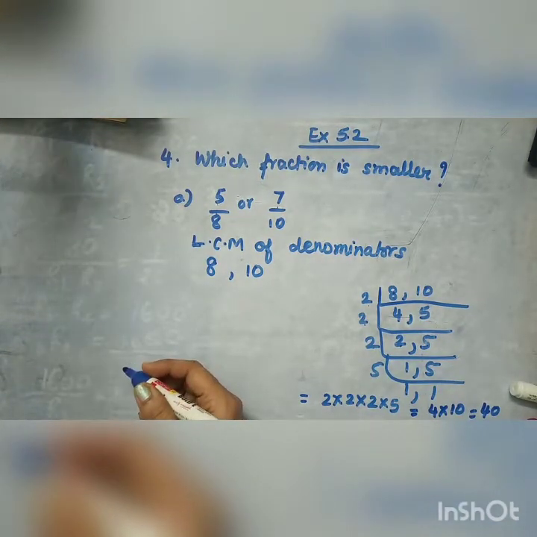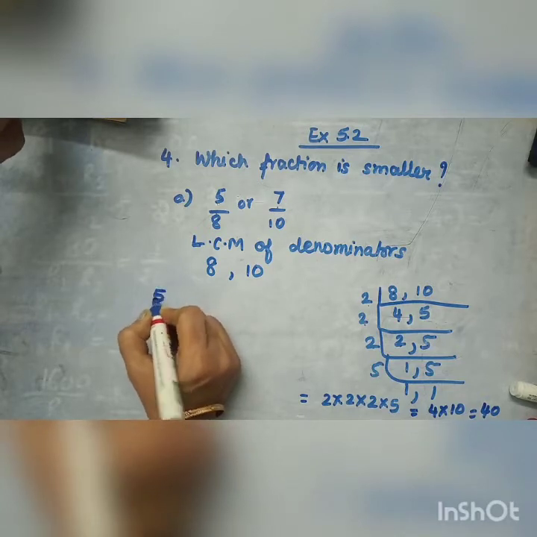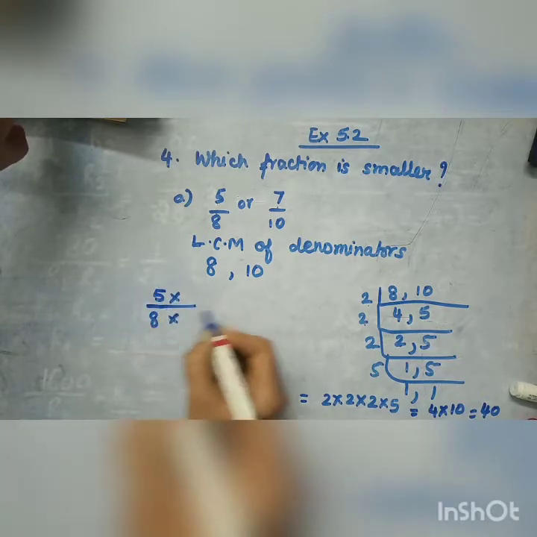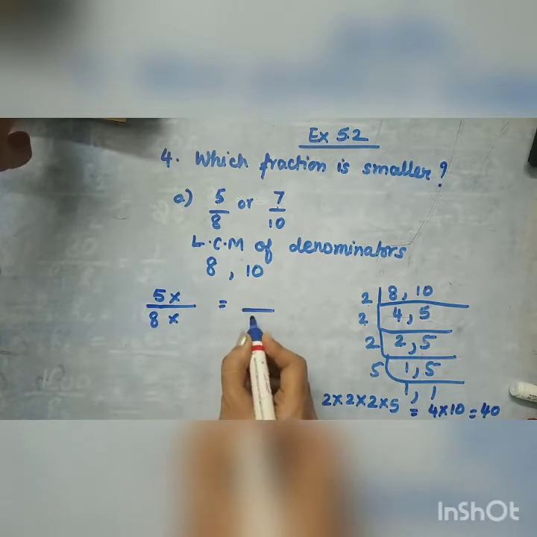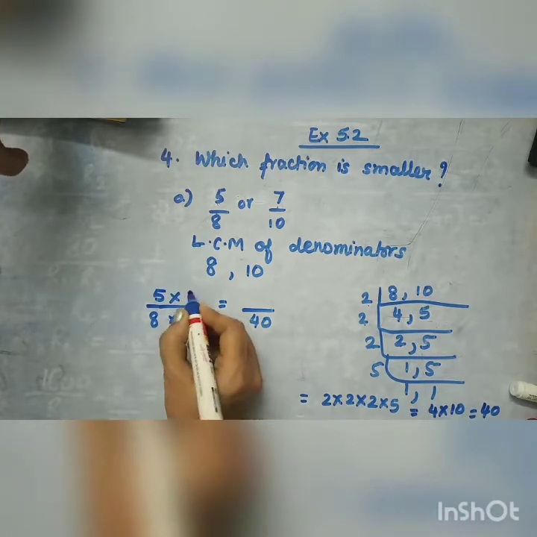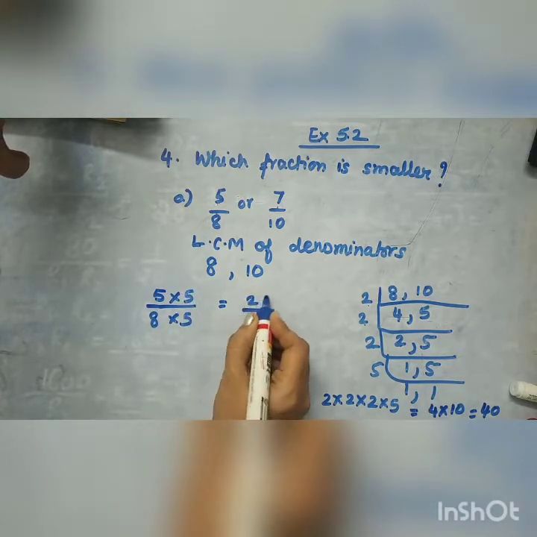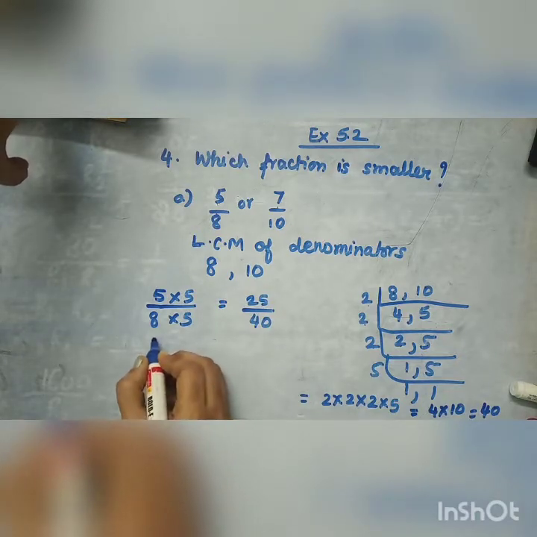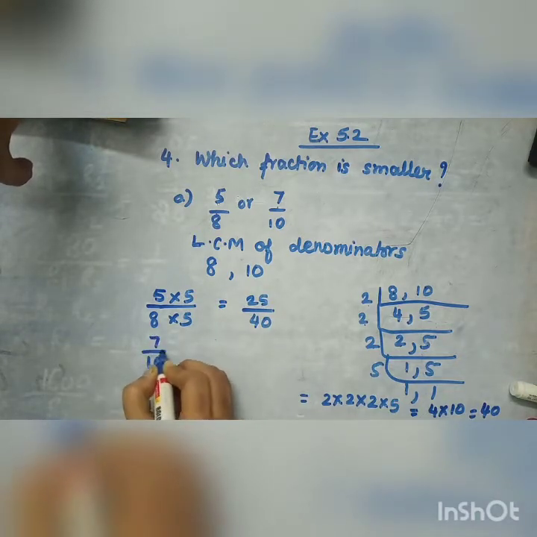So first take the first number, that is 5 upon 8, and then you need to get 40 as your denominator. So here 8 fives are 40, so here you have 25 by 40. And then you have the second number 7 upon 10.